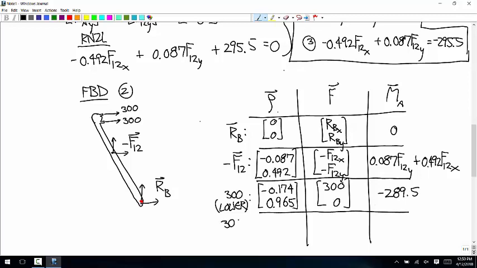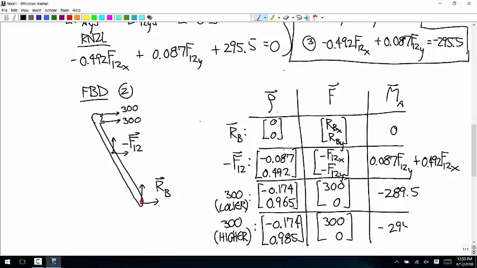And then the 300, the higher one, that rho vector is negative 0.174, positive 0.985. Force vector is 300, 0. And this one is what we got before. Was that 295.5?